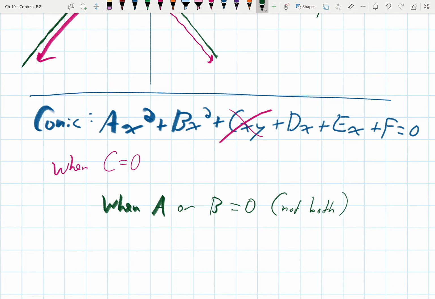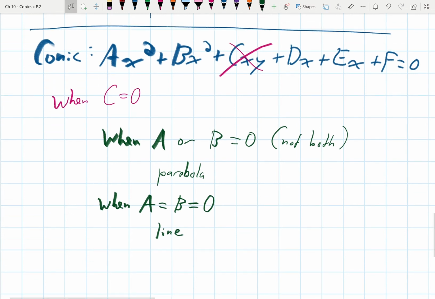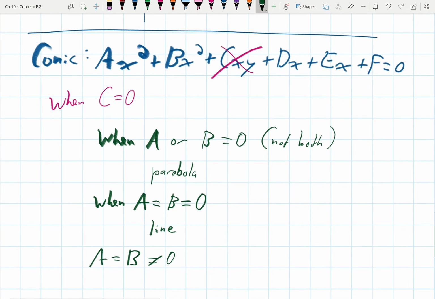What's that called if I knock out one of the square terms but I keep the other square term? That's a parabola. What do you get when A and B are both 0? You get a line. Good. When A and B are both 0, you're now down to a linear thing. What do you get when A is equal to B, but they're not 0? A circle. When A is equal to B, you get a circle.